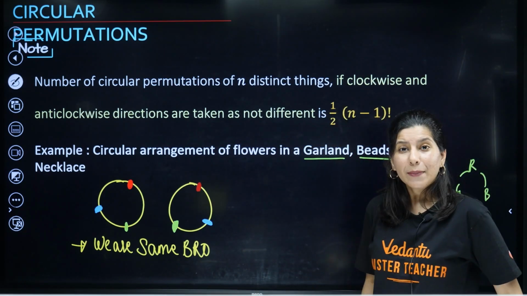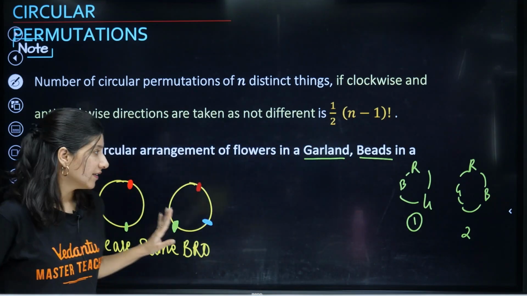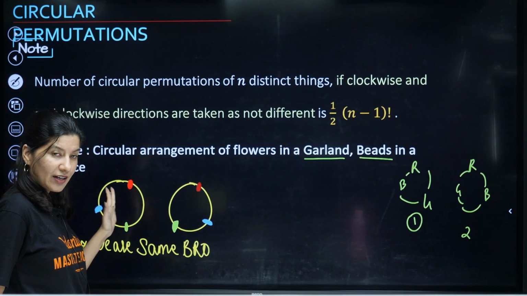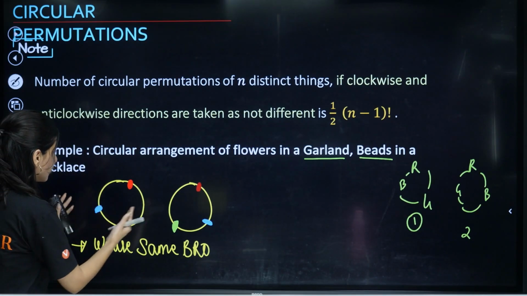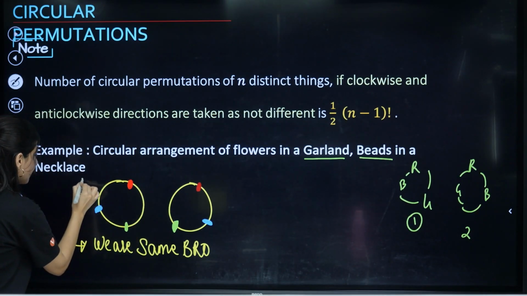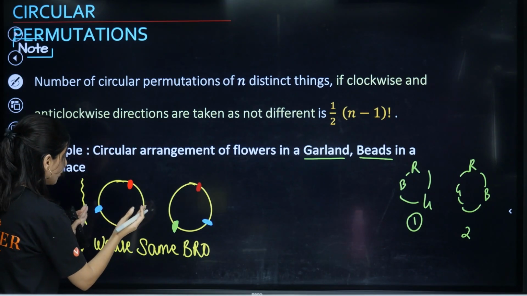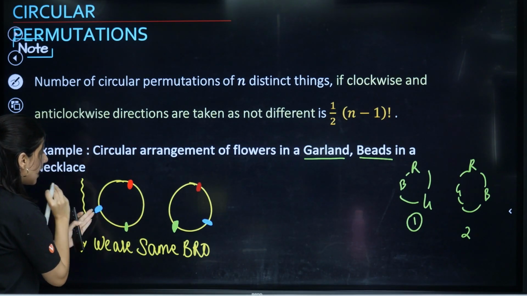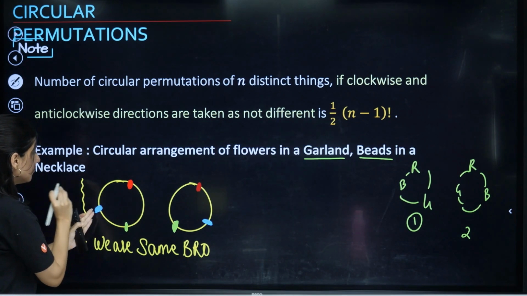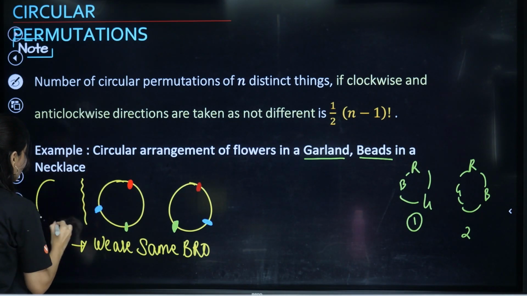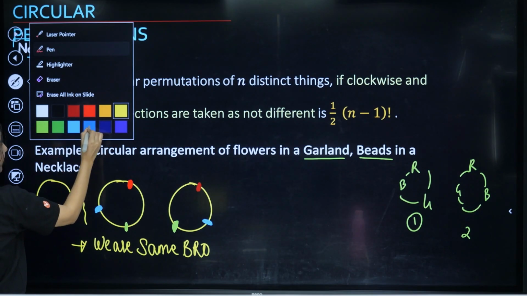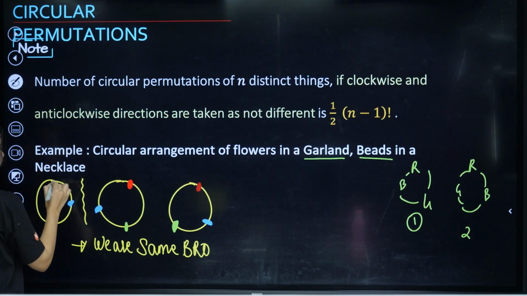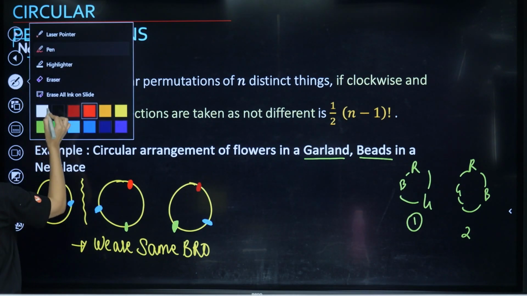Why are they the same? Because if I pick this garland or necklace up and flip it, what will happen? Just imagine. Just pick this side and flip it. Then this blue color will be over here on the right, just taking the mirror image. Flipping means mirror image. And red will be on the top and green will be here, as it is.